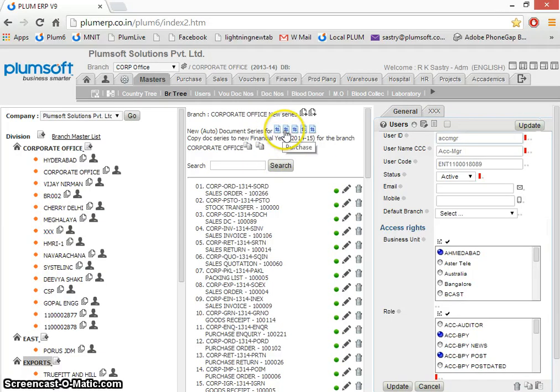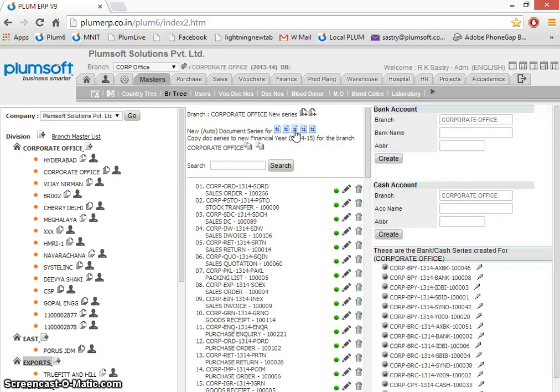We can also create the various sales related documents, purchase related documents, bank and cash accounts, the bank account and the cash accounts under the specific branch called corporate office.